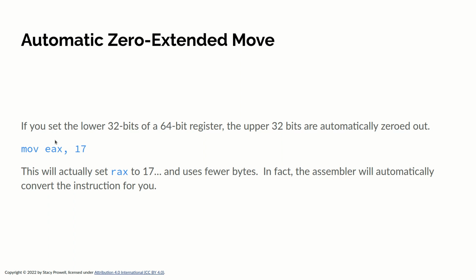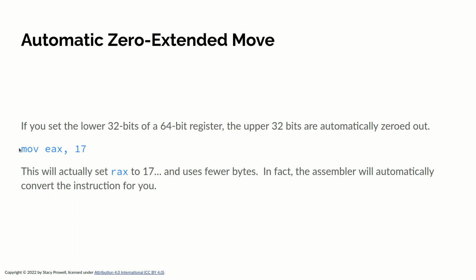So really this is just saying set the lower 32 bits of RAX to the value 17. And 17 fits in those, so it's just fine. When you run this instruction, it will in fact set the low 32 bits to hold the value 17, but it will also zero out the high 32 bits.